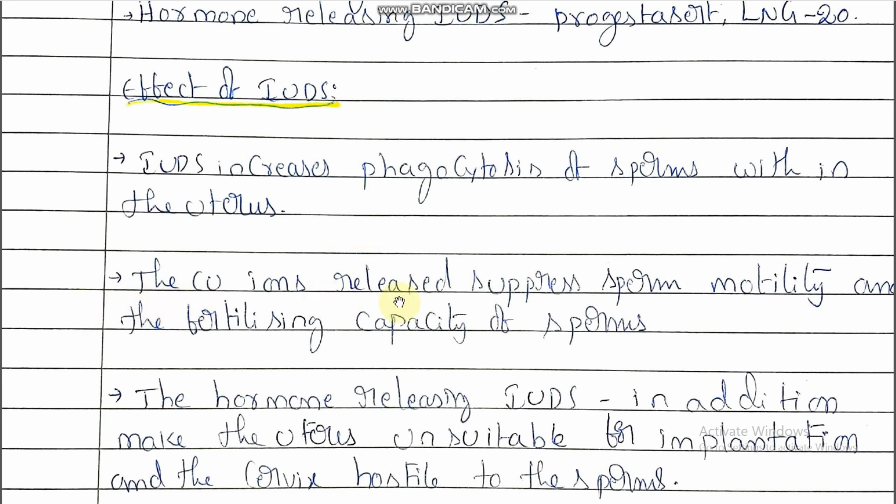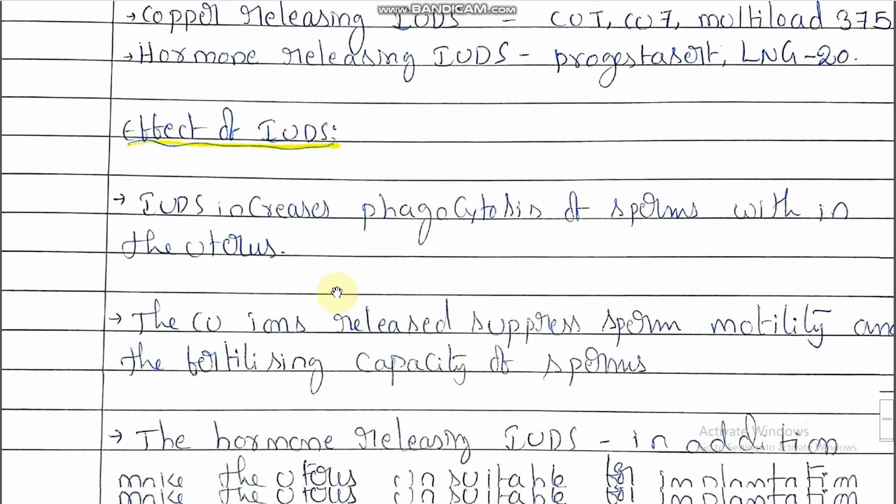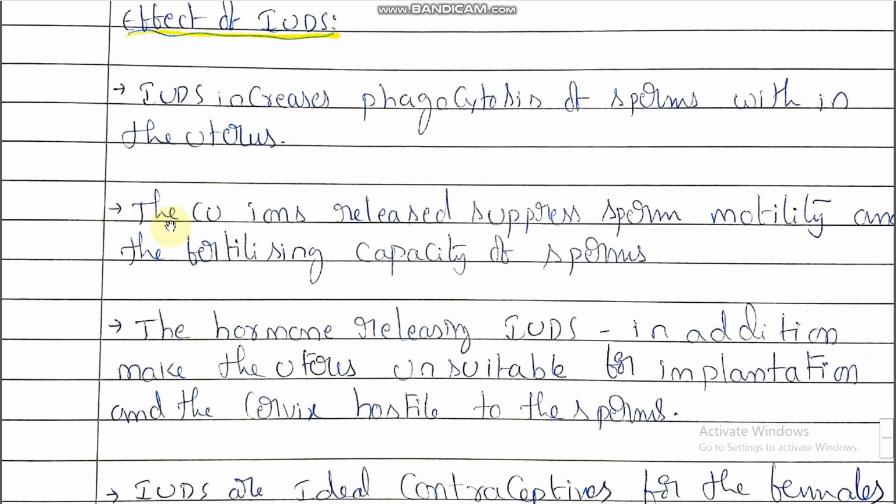The copper ions released suppress sperm motility and the fertilizing capacity of the sperms. Whenever copper releasing IUDs are used, copper ions are released and suppress sperm motility.